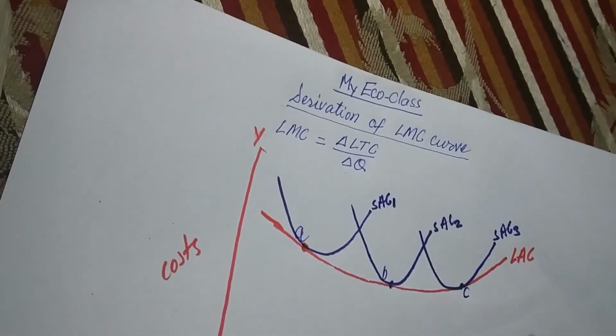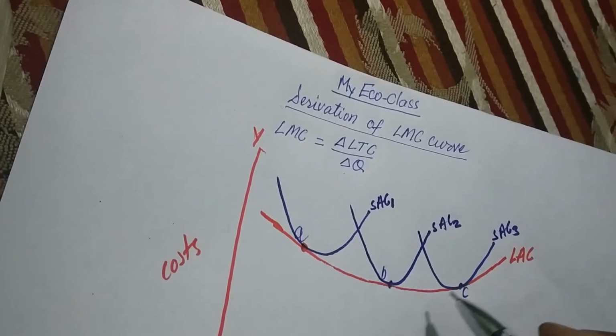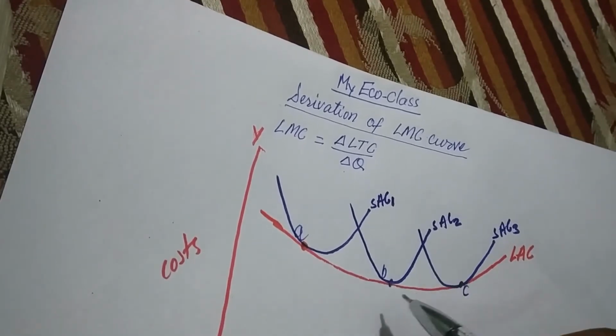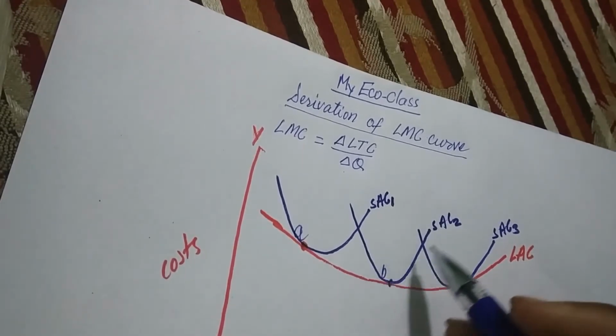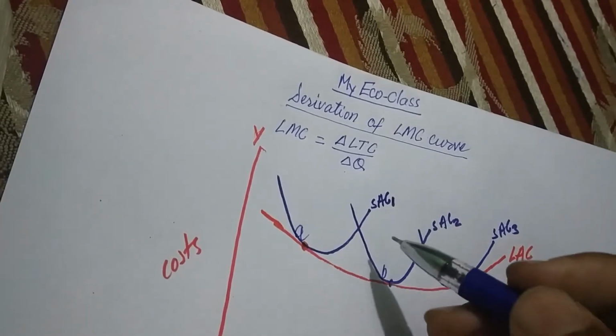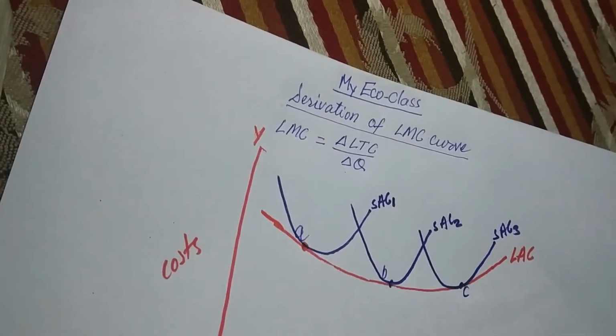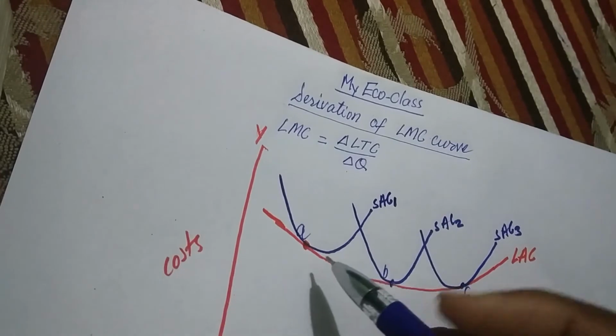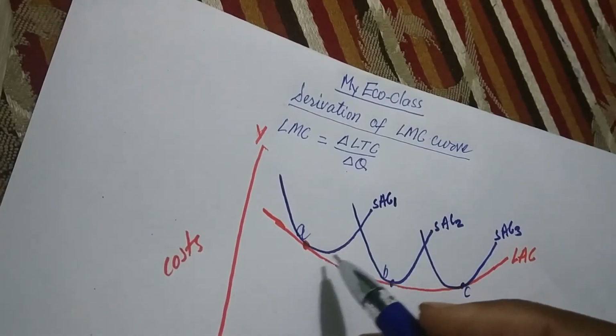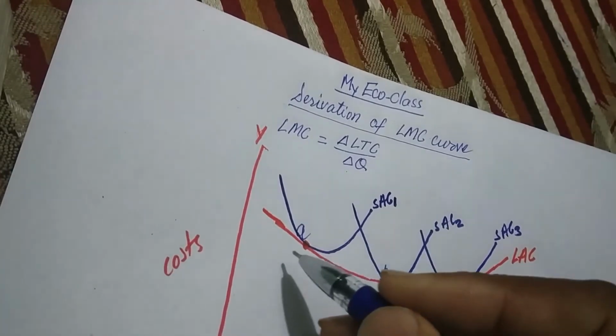As we know, the long run marginal cost can be derived with the help of the short run marginal cost curve. So let us draw the short run marginal cost curves that are incurred from the use of different sizes of plants.